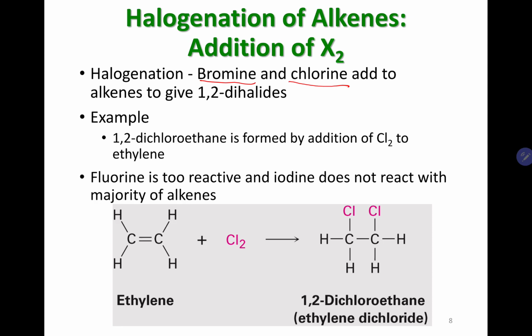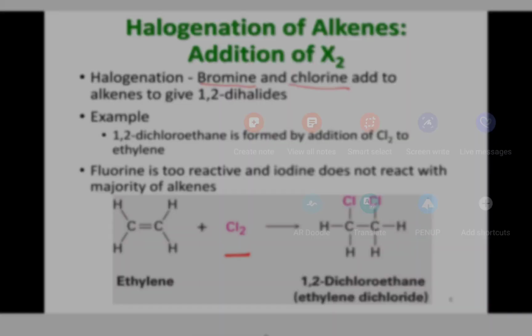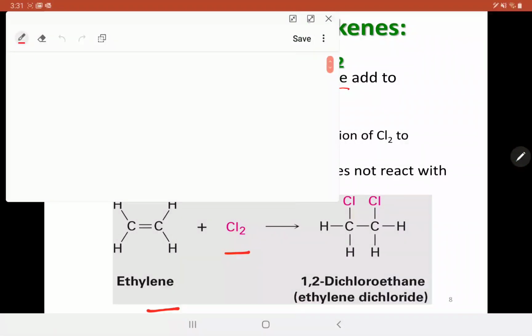So basically what you have is a simple alkene reacting with a halogen like chlorine or bromine, and both of the sp2 hybridized carbons will end up with a halogen each. Let's take a sample example. Here I have, let's say, propene, and I'm reacting this propene with, let's say, bromine.